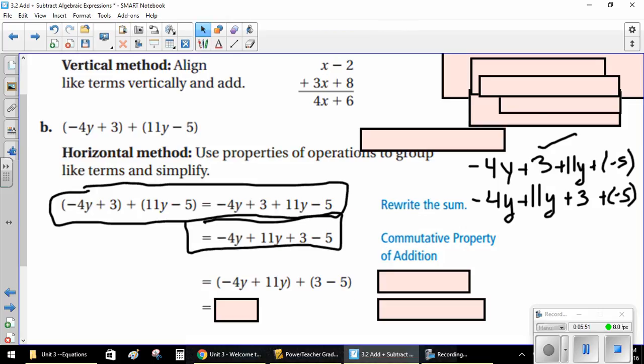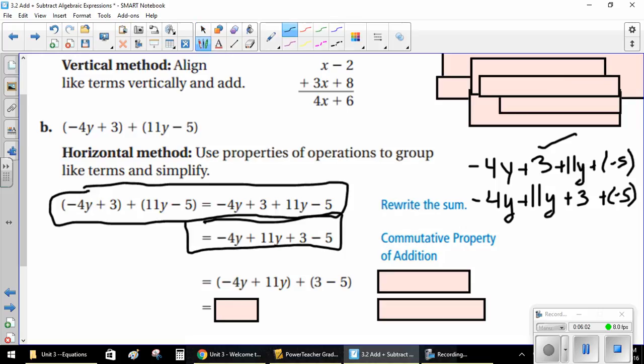Okay, what we're going to do next, I personally don't do this step because I don't think it's helping you in any way. What I do from here is I look at my two like terms, so negative 4y plus 11y. Since we have the same variable, I just put these together. So negative 4 plus 11 have different signs.